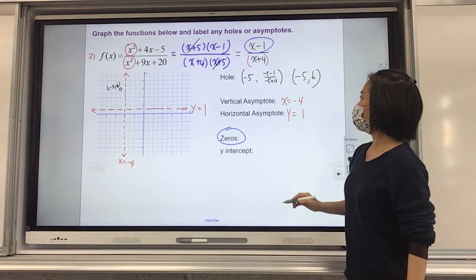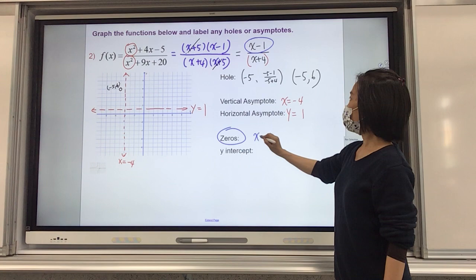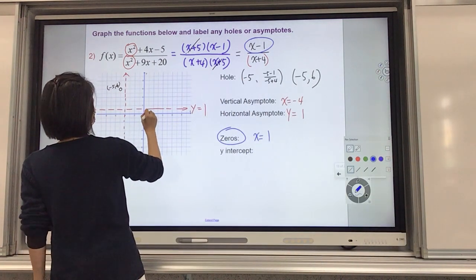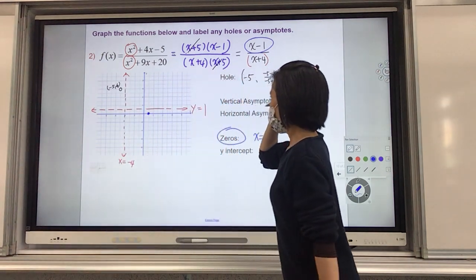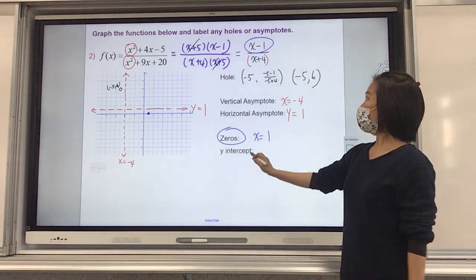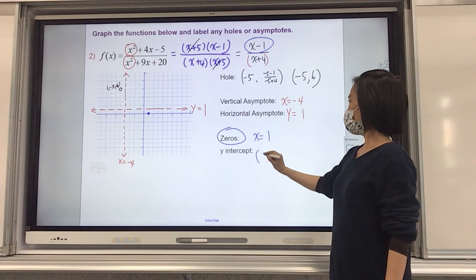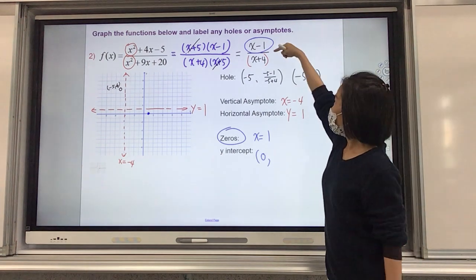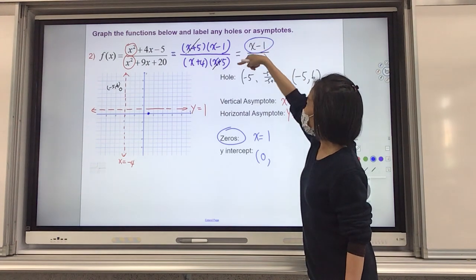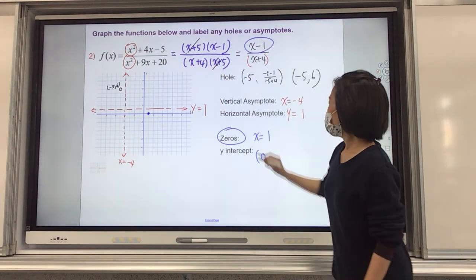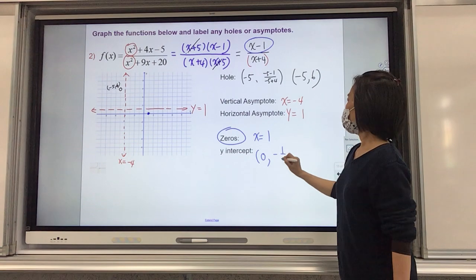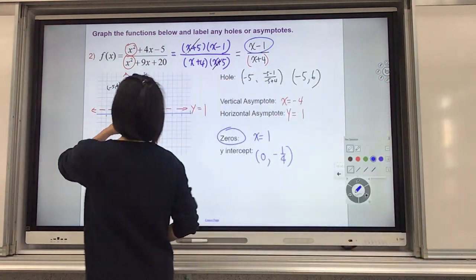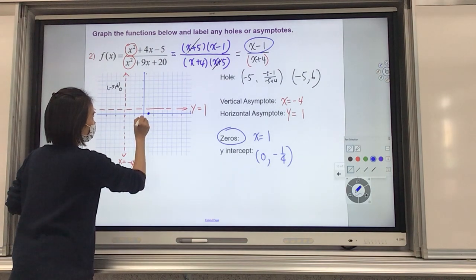Top of the fraction. So x equals 1. At that point, going for me. Y-intercept, x equal to 0. When I do y-intercept, I can do it here or there, doesn't matter. Anyway, 0, -1 over 4, right? 0, -1 over 4. So I have 2 points.